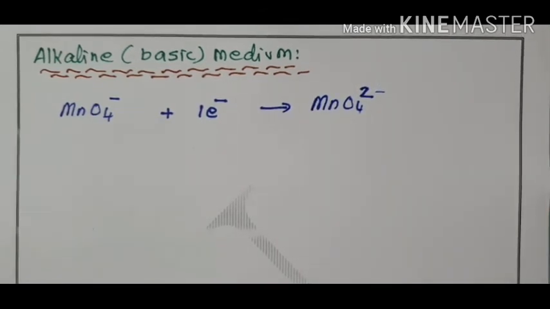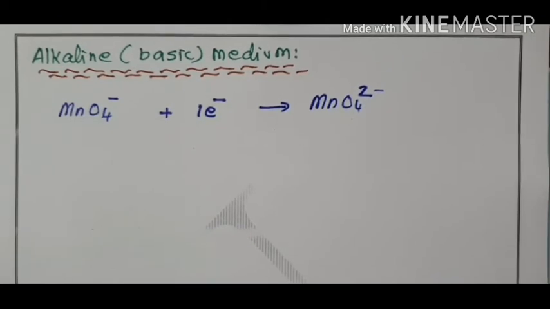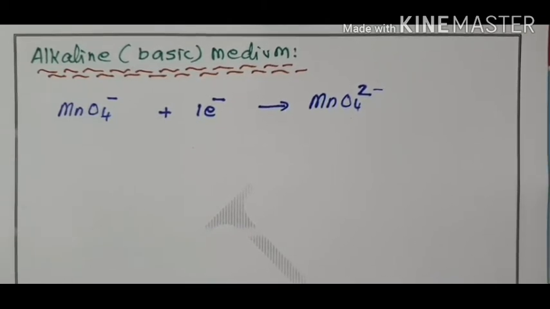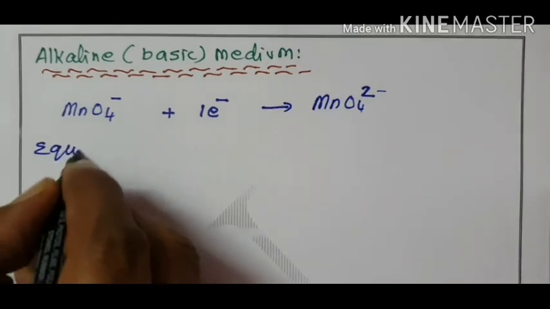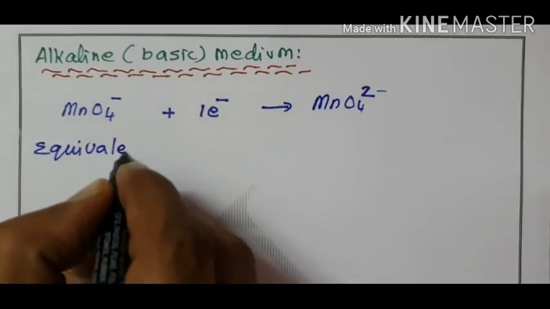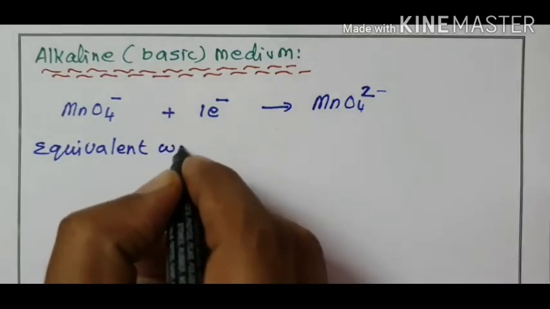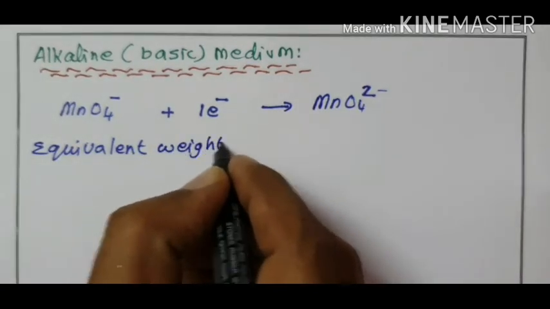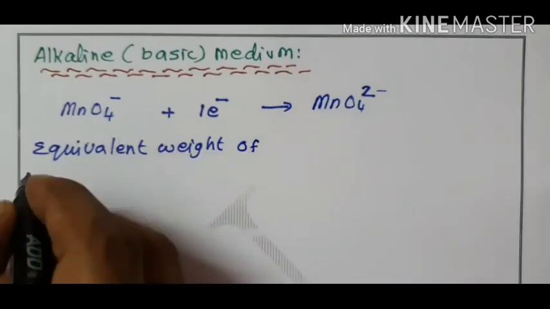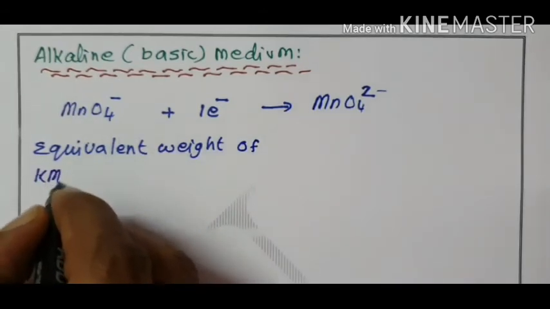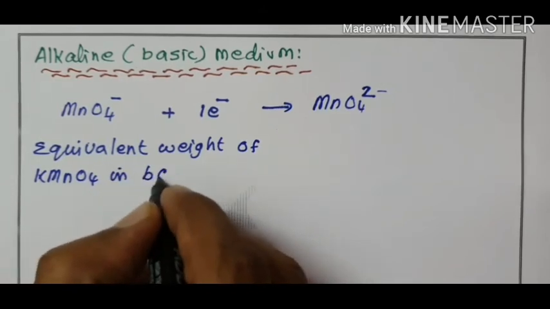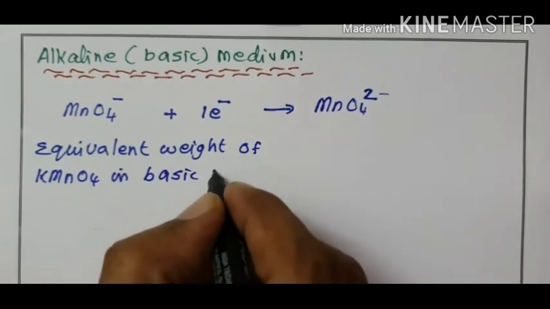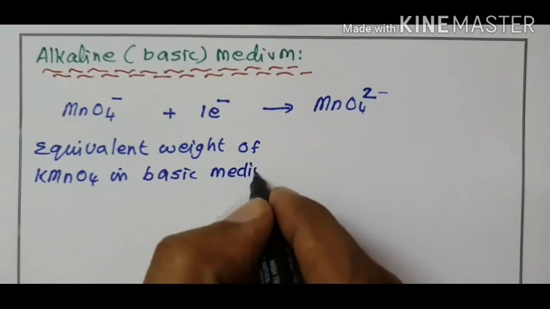Now we are going to calculate equivalent mass of potassium permanganate KMnO4 in basic medium. What is the formula?